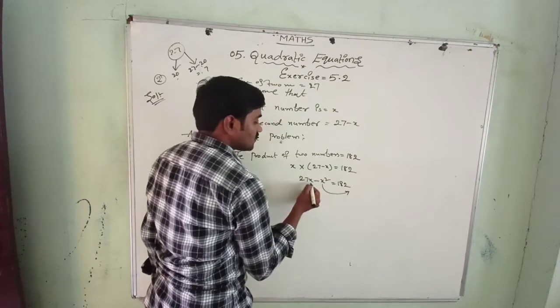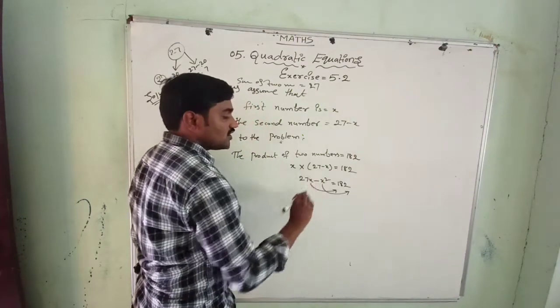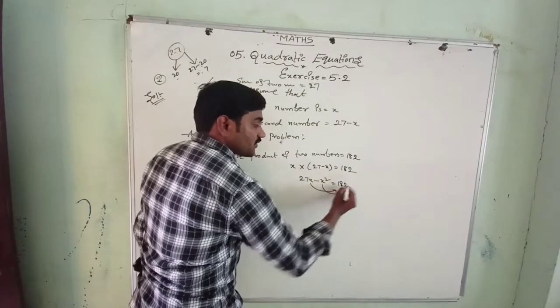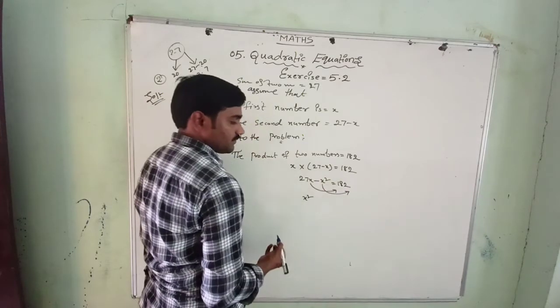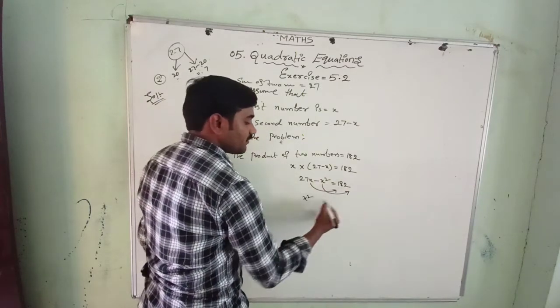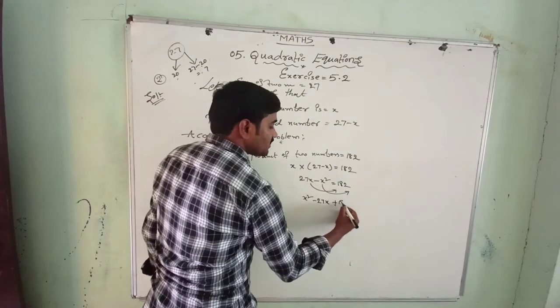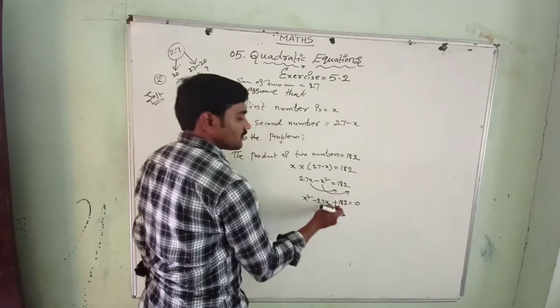Both these terms will transfer to the other side. So x square becomes positive there. We write in the standard form. The minus x square we say plus x square, minus 27x, already 182 is over there, plus 182 equal to 0. So that's what.